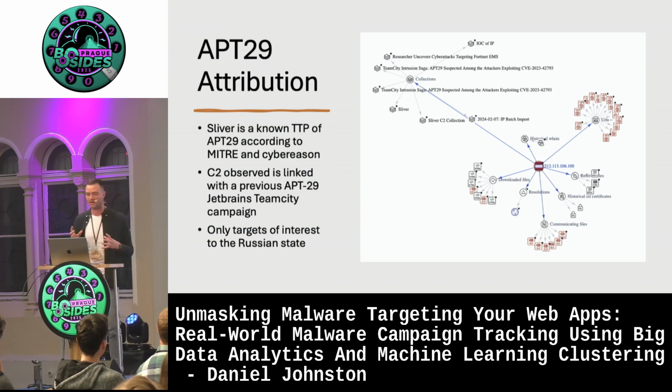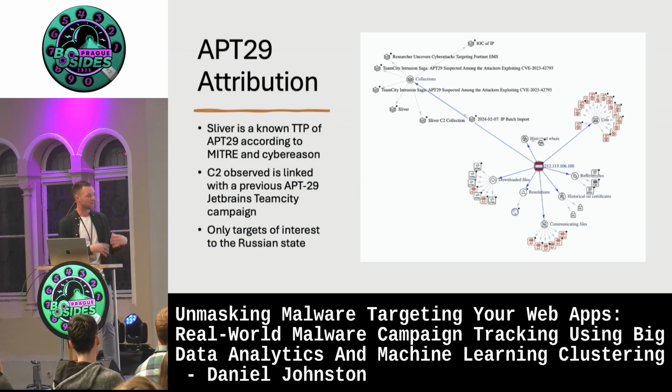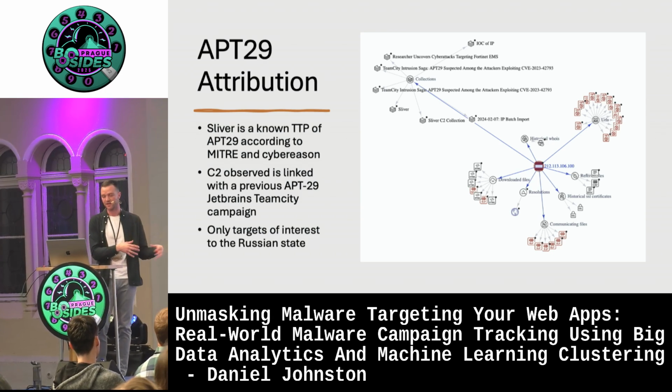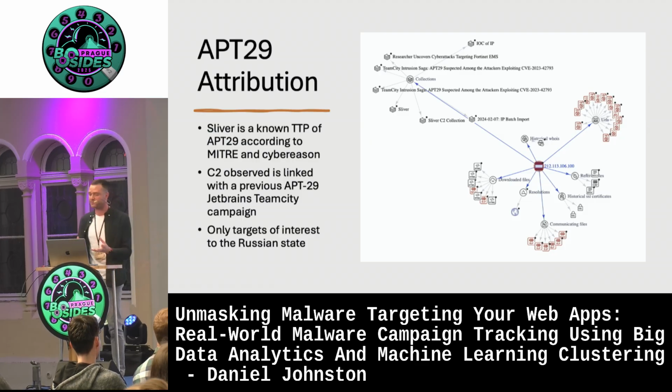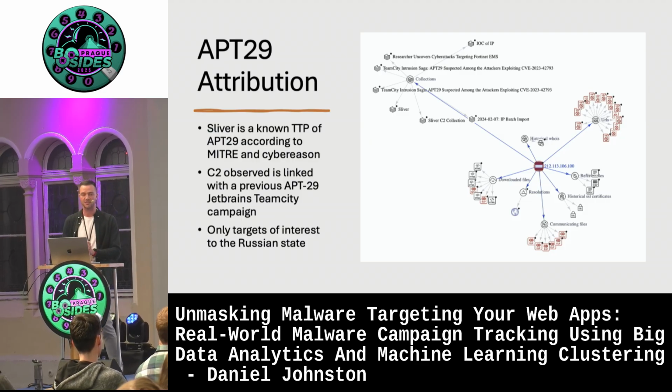Again, if the piece of infrastructure was used in past campaigns attributed to APT29, then if we observed it in this one, it's a good indication that it is that threat actor. And then thirdly, only targets of interest to the Russian state were implicated in this particular campaign. So Ukrainian financial institutions and Polish government websites gives a strong indication that this is a Russian threat actor.